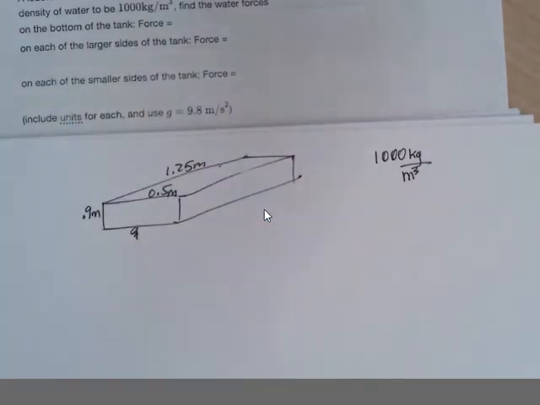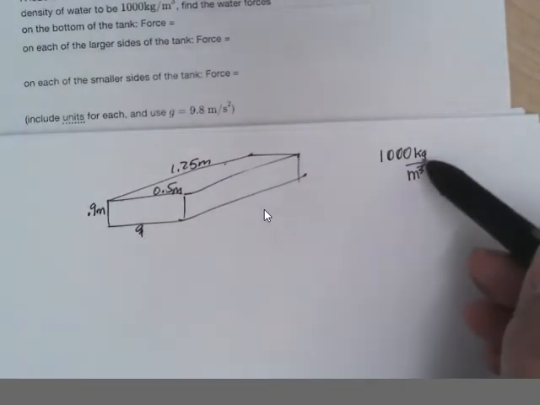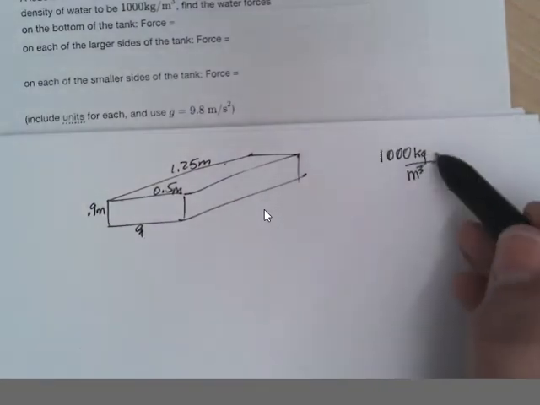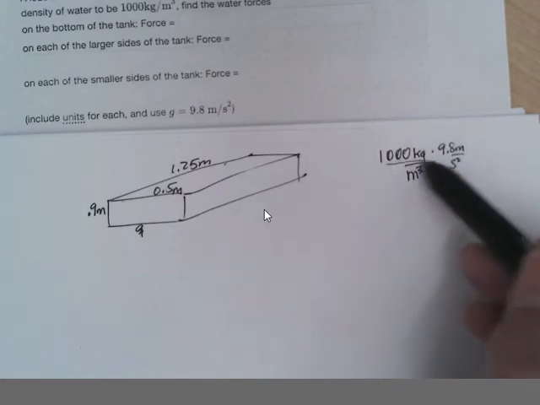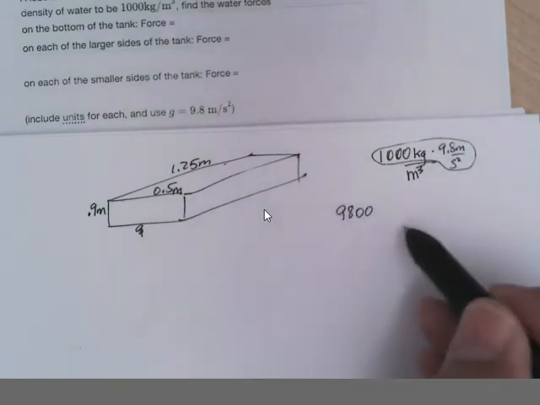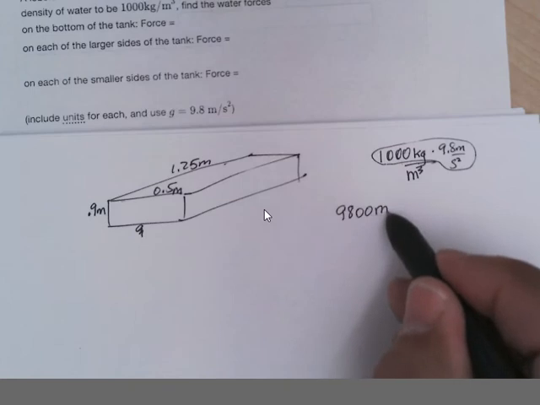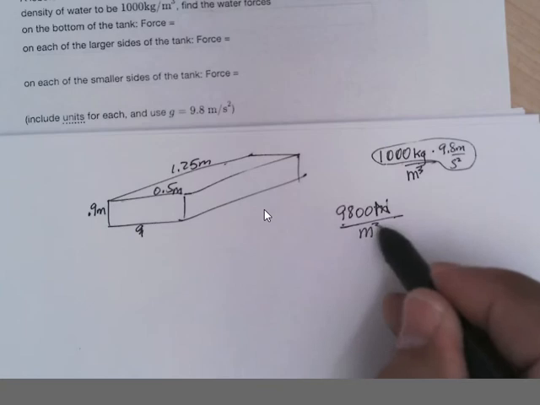So the total force will be the total weight of this. And this would be mass. To get weight, we have to take it times 9.8 meters per second squared. So that makes this Newton a weight force. So it's 9800 newtons per meter cubed.